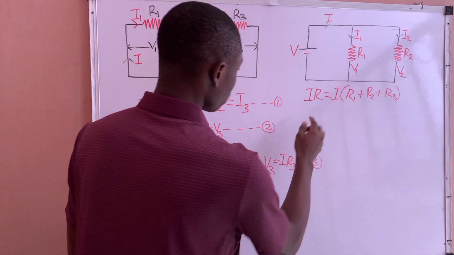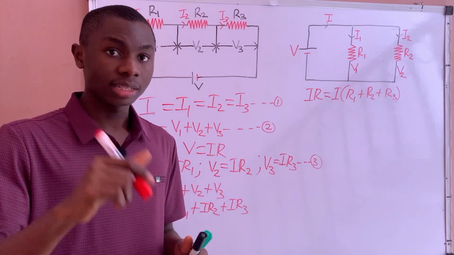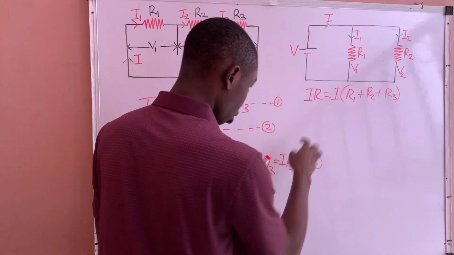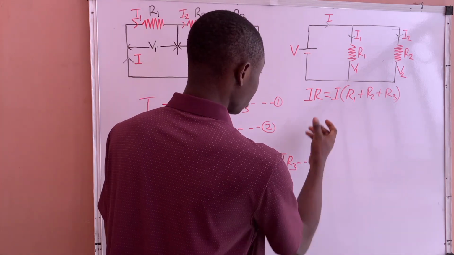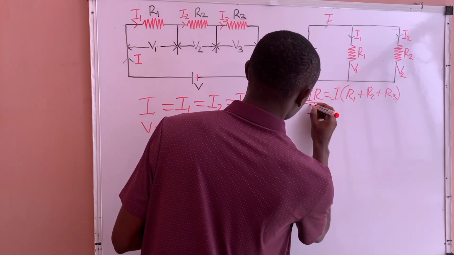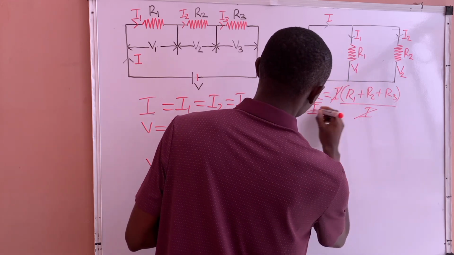And since we want to make R the subject of the formula, because what we are looking for is the total resistance in a series circuit, we divide both sides by I. I will take away I on both sides.